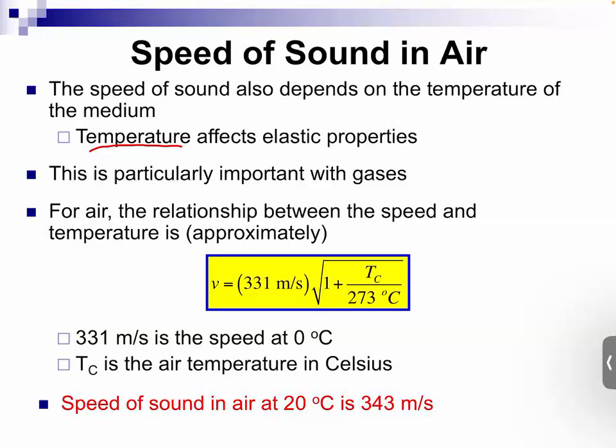But often we will assume that the temperature of air is 20 degrees Celsius, in which case the speed is 343 meters per second. So I would say that in the majority of problems, if the temperature of air is not given, you can assume it to be 20 degrees Celsius, in which case the speed of sound can be assumed to be 343 meters per second.